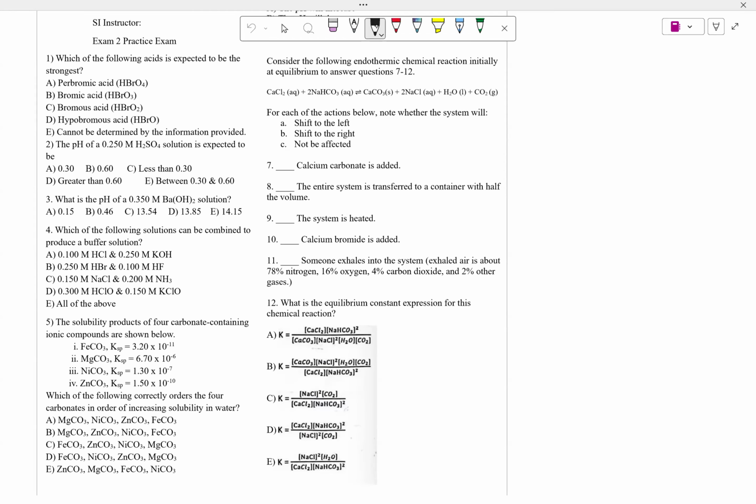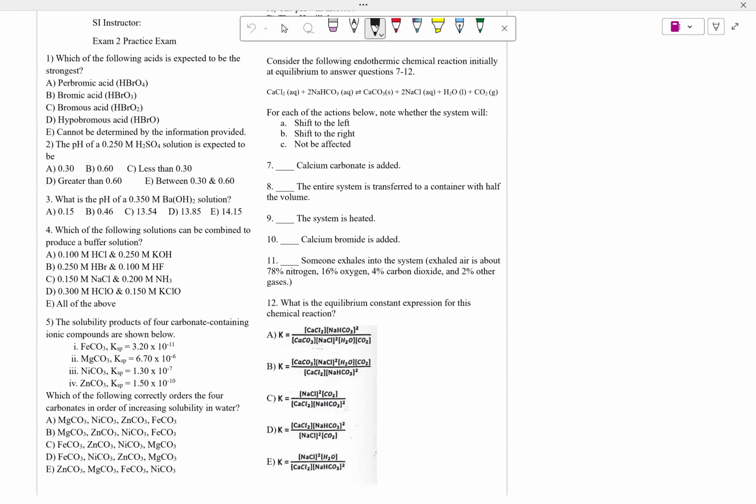Write out the equation for the acid and water. We already have acetic acid here. You're adding sodium acetate, so you're adding the conjugate base, which increases the product.